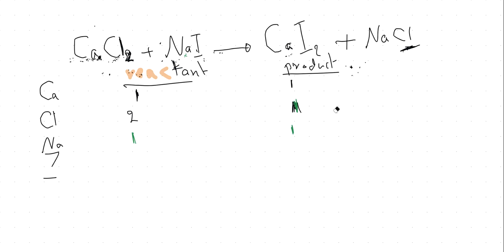Abbas, how many atoms of iodine element do I have? It's 1. How many iodine atoms here? 2. Look at the question. I always ask the new students because they still don't know it. Please be careful about my question.